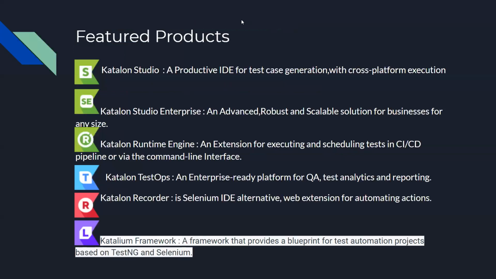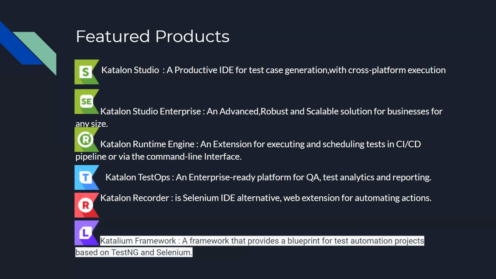So what are the different featured products Katalon provides to you? Basically, the first tool is Katalon Studio itself. It is a productive IDE for test case generation. You can write the test cases in Katalon Studio, and it is basically scriptless.